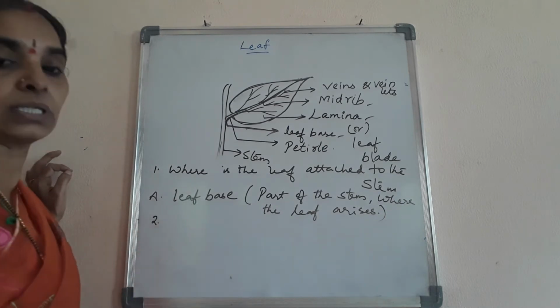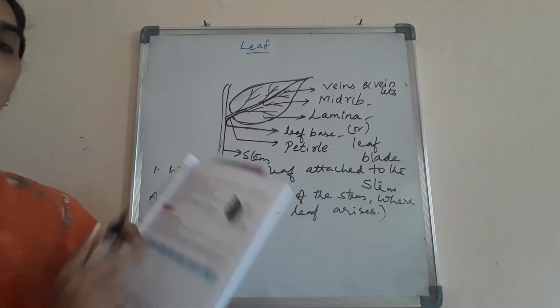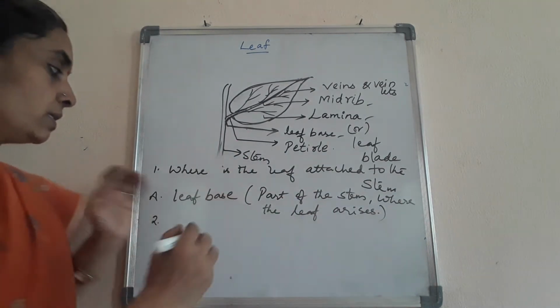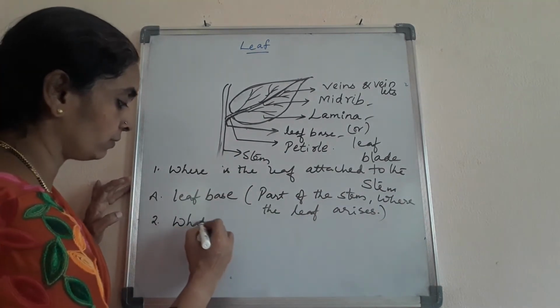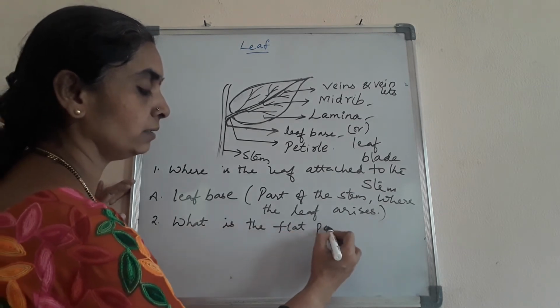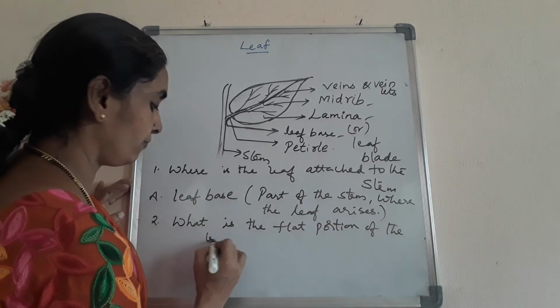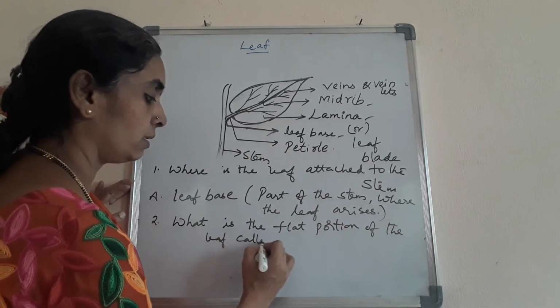Next, second question. What is the second question that is asked here? What is the flat portion of the leaf called? Note down, what is the flat portion of the leaf called?